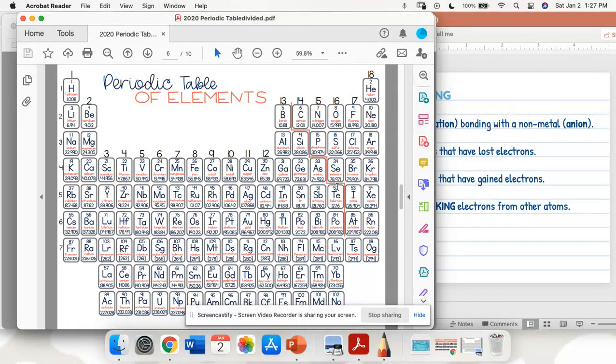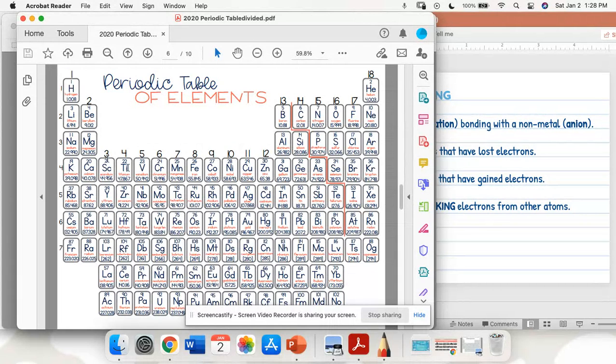Everything to the left is something that is going to give up electrons. So it's going to be more positive. Those are the cations. Everything to the right is considered an anion. They are going to, except for tellurium and polonium, don't get those mixed up. Everything to the right is going to become an anion. They are going to take electrons.